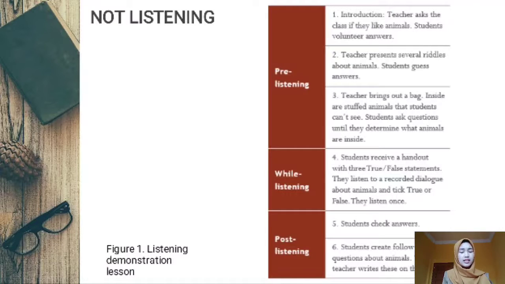At first glance, ladies and gentlemen, this looks like a classic listening lesson, well organized and varied. Participating teachers enjoyed it too. The topic of animals was appealing. We were not overburdened with grammar.